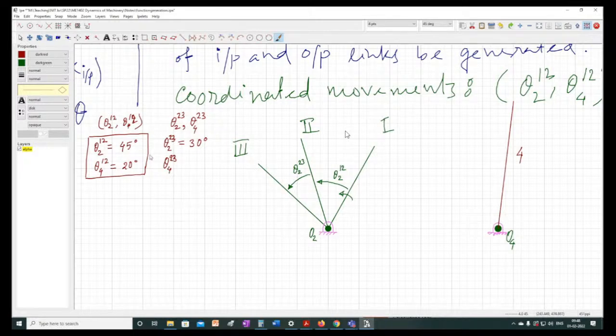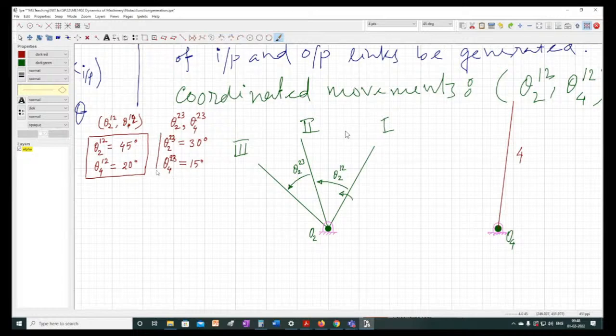Somebody asks you to design a mechanism that is required for them, and it is like this: when you rotate by 45 degree angle, the follower should move by 20 degree angle, and when from position 2 to position 3 this link 2 rotates by angle 30 degree, then it should rotate by an angle, let's say 15 degree.